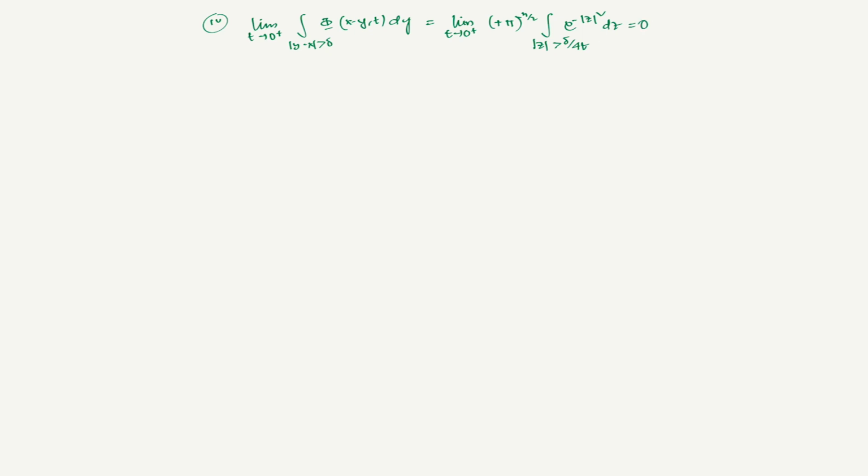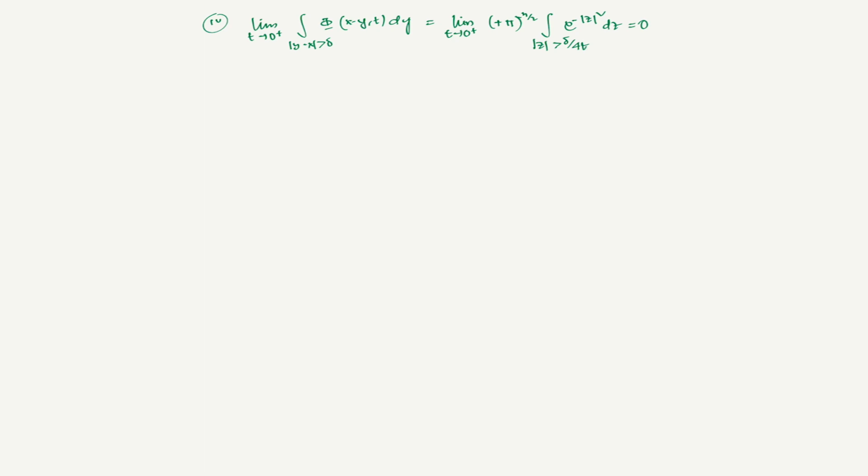So I'm just using a change of variable here, and writing phi on the domain |z| greater than delta by 2. On this domain, I'm just writing exponential minus |z| square. Once we do this, the constant will look like this, and you can show that as t tends to 0, this particular thing goes to 0, because it is becoming smaller and smaller.